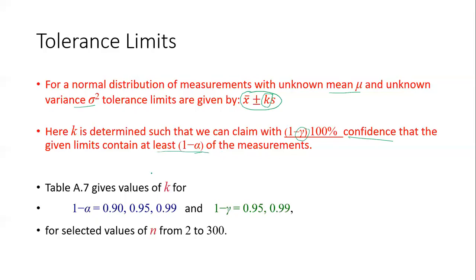percent of the measurements. You have a table in your book, table A7, which gives the values of k for 1 minus alpha equal to these three values and 1 minus gamma equal to these two values, and for different values of n.